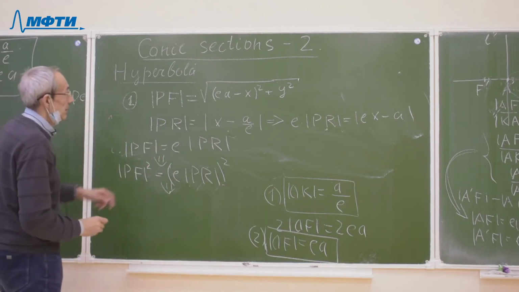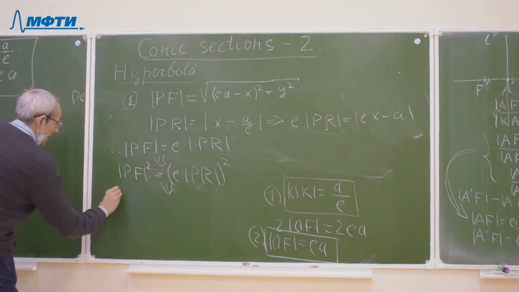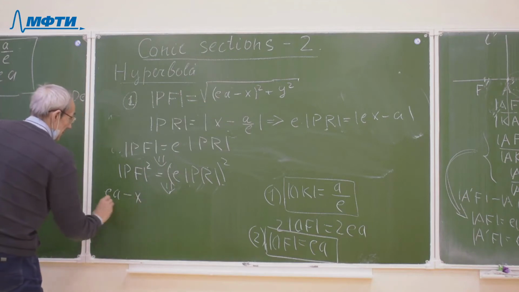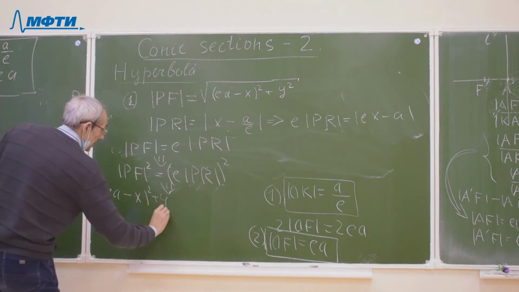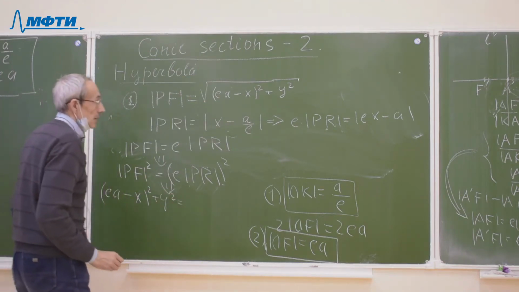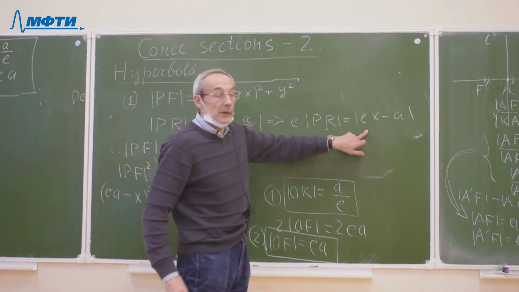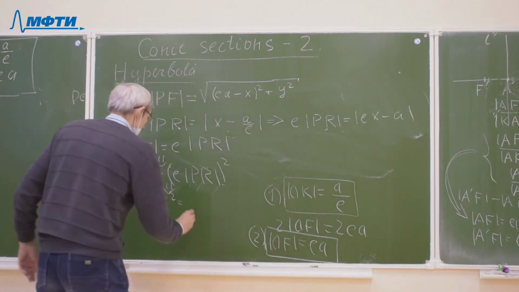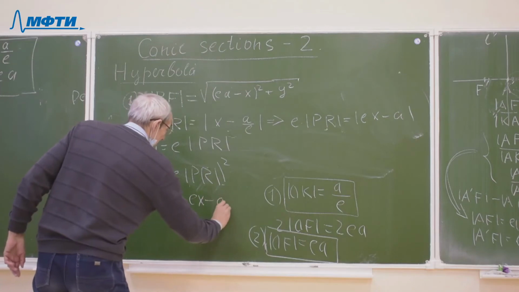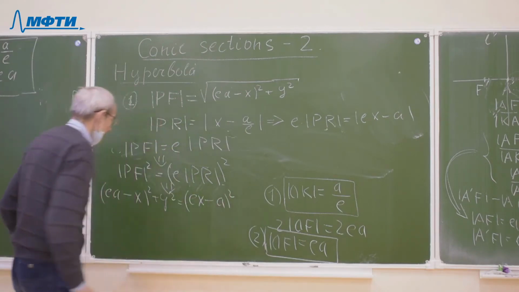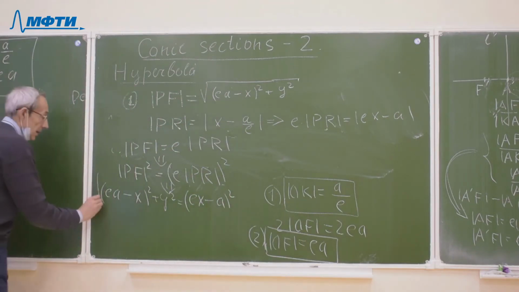And we obtain (EA minus X) squared plus Y squared is equal to the square of this expression, (EX minus A) squared.